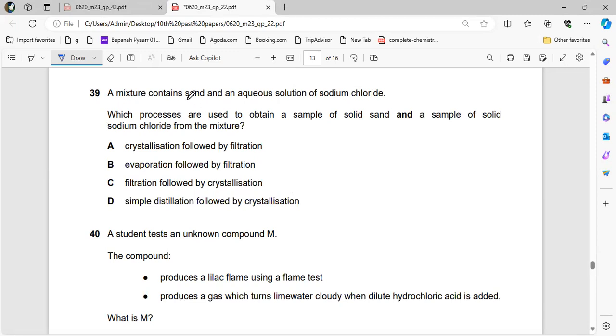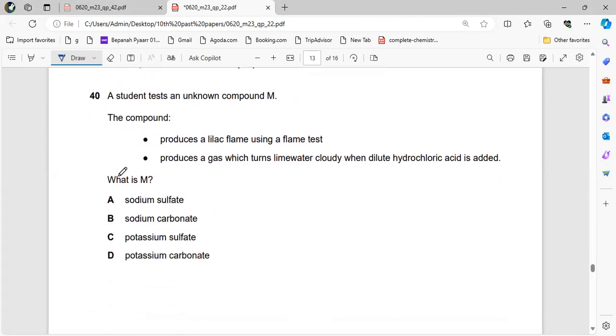So we have the mixture of sand and aqueous NaCl. Now, we know that sand is not soluble in water. So first of all we can filter the mixture. So sand will be removed and then we have only sodium chloride dissolved in water. So we can perform crystallization. For that, we will evaporate the water and we will get sodium chloride crystals. So option C is the correct option.